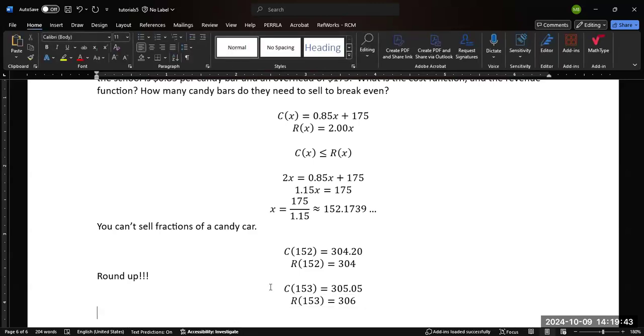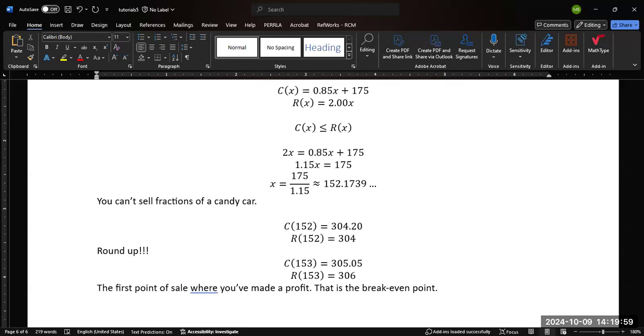And again, this is the first point you've made a profit. That is the break-even point. So that's where that inequality matters. Always, always, always, when you're doing these problems, if you do not get a whole number, you must round up.